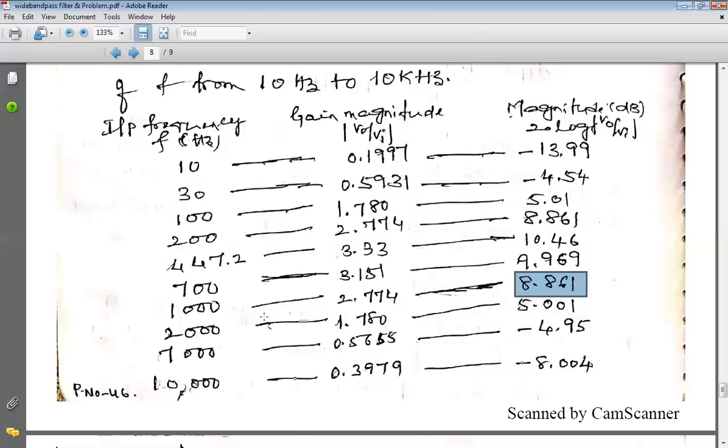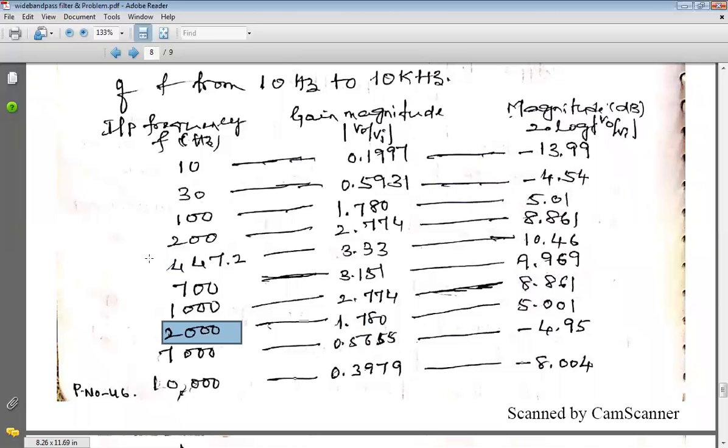After the higher cutoff frequency, the gain magnitude goes on decreasing. It means after the higher cutoff frequency, the gain goes on decreasing and the input frequency is not allowed to pass from the input side to the output side.